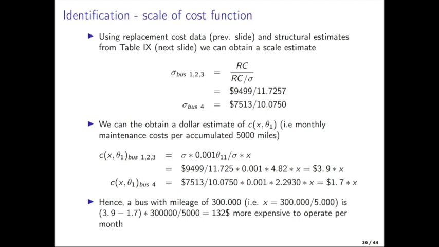Anyway, in order to identify the scale of the cost function, we could use these replacement cost data and the structural estimates from, say, table 9. Those are the parameter estimates we just looked at.